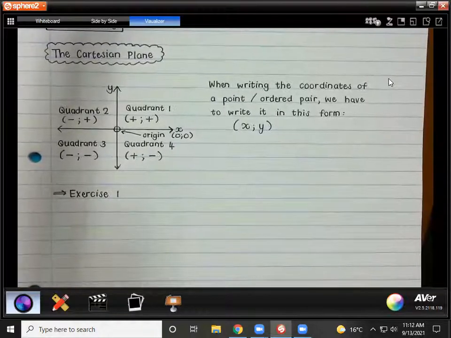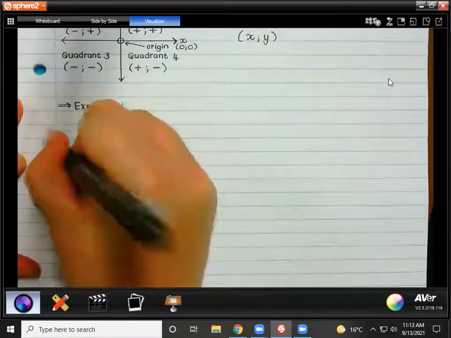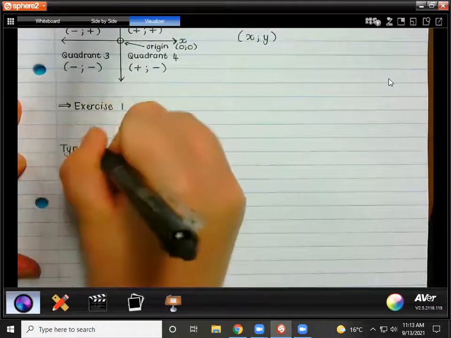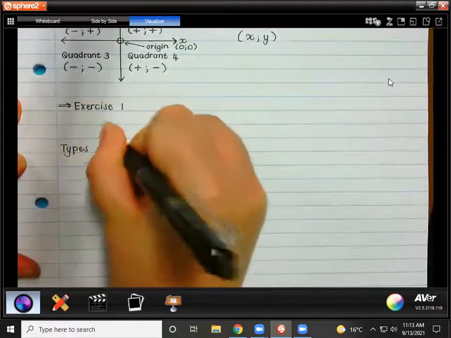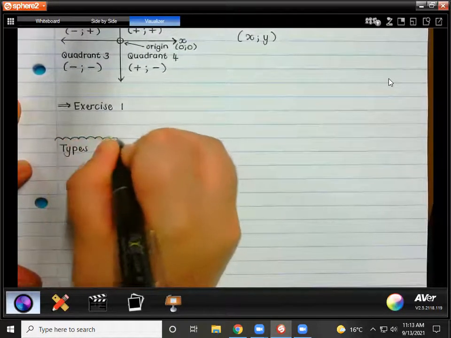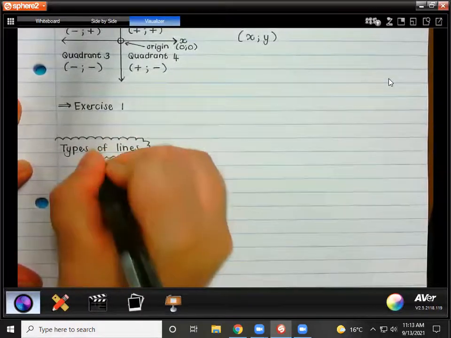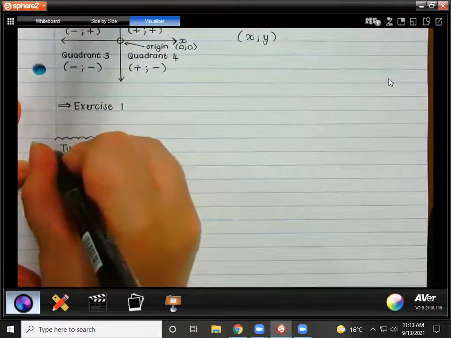Then after that, we are now going to talk about types of lines, because that's actually what we are doing this year, guys. We're going to be talking about all different types of straight lines. All right, so types of lines. And we're going to just talk about the first 2 types today.